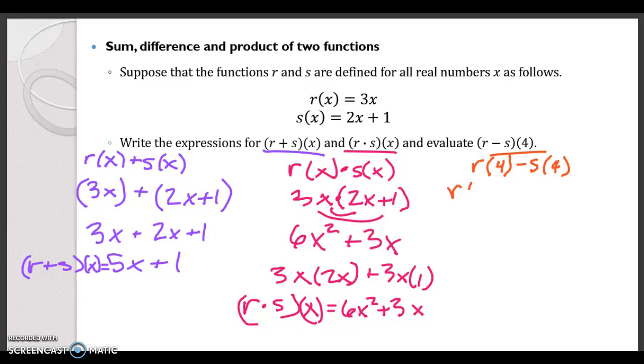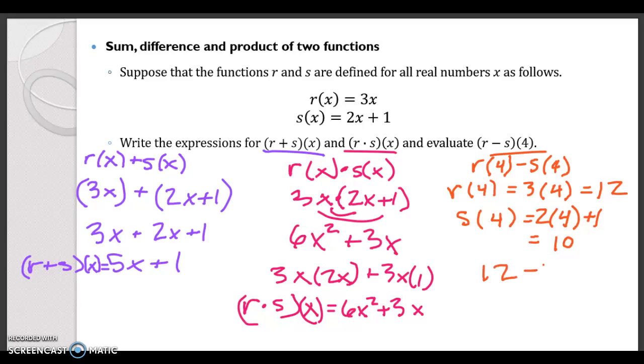So r of 4 equals 3 times 4, which equals 12. And then s of 4 equals 2 times 4, plus 1, which is 8 plus 1, which is 10. So r of 4 minus s of 4 is going to be 12 minus 10, which equals 2.